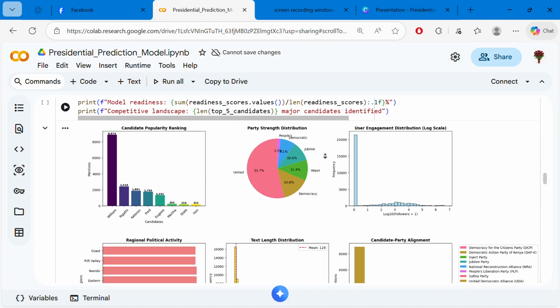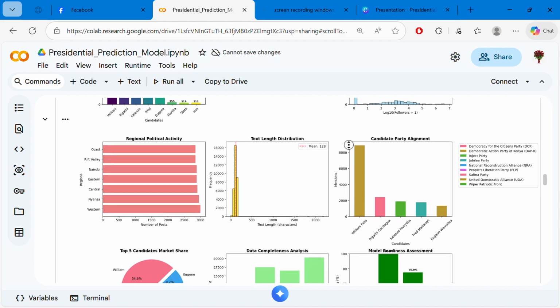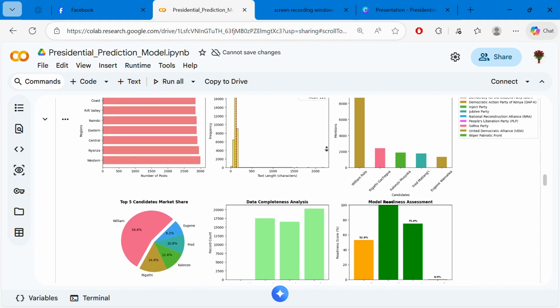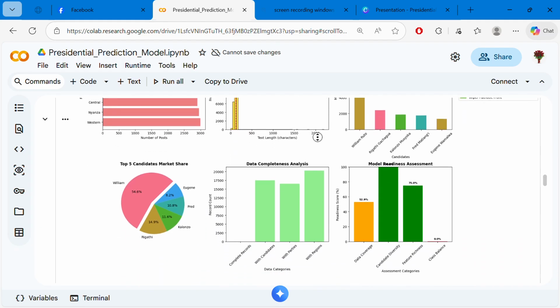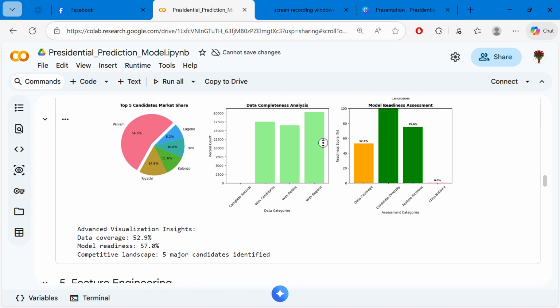User engagement and regional political activity: in Western, there is a lot of activity. We had candidate party alignment. We saw the candidate market share, data completeness analysis, and model readiness assessment.